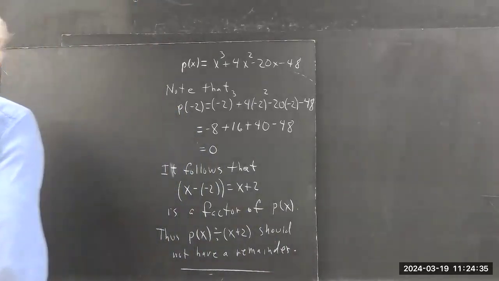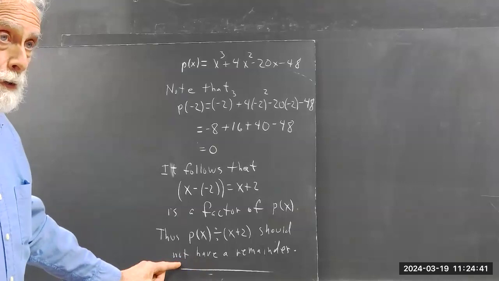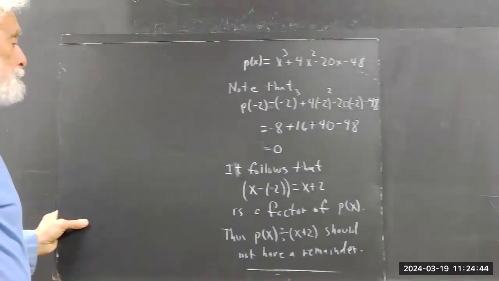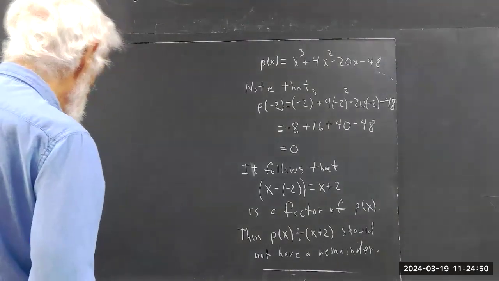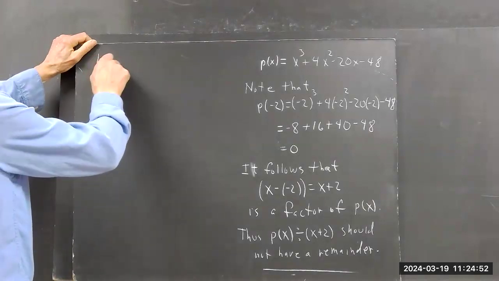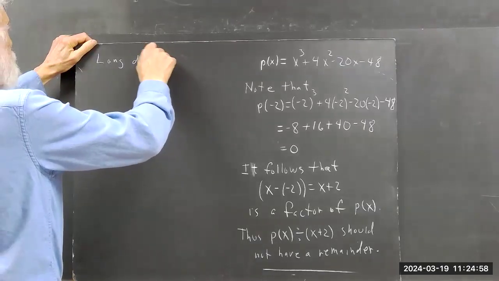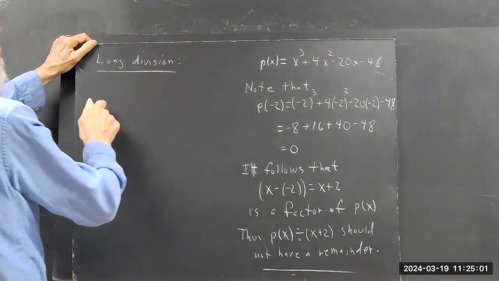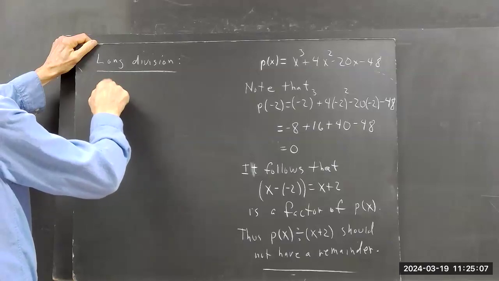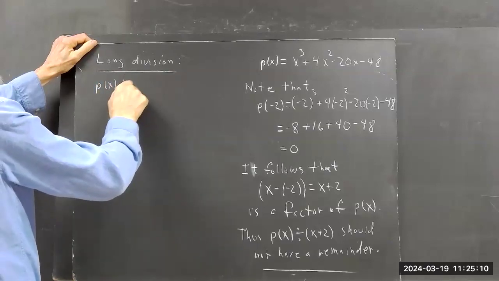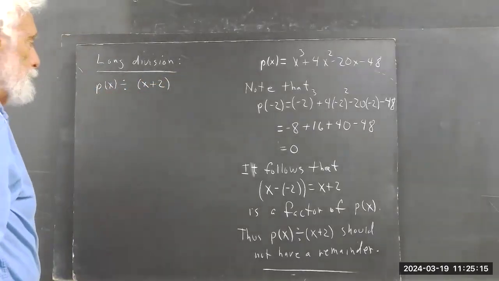And it follows then that if you divide p of x by x plus 2, you shouldn't end up with a remainder. Well, this leads to long division. We do P of X divided by X plus 2.